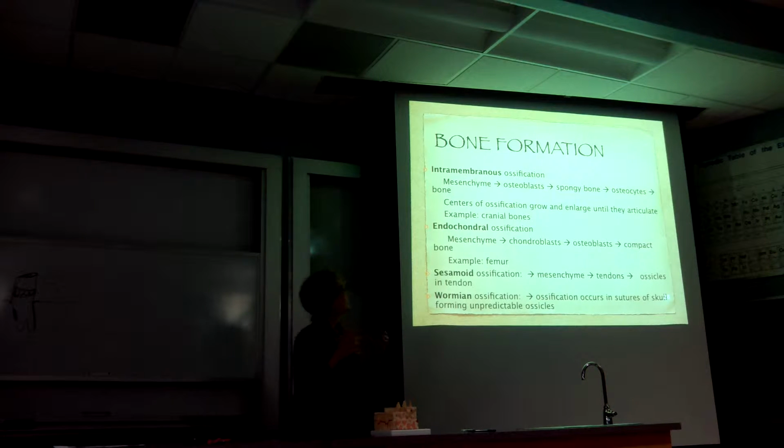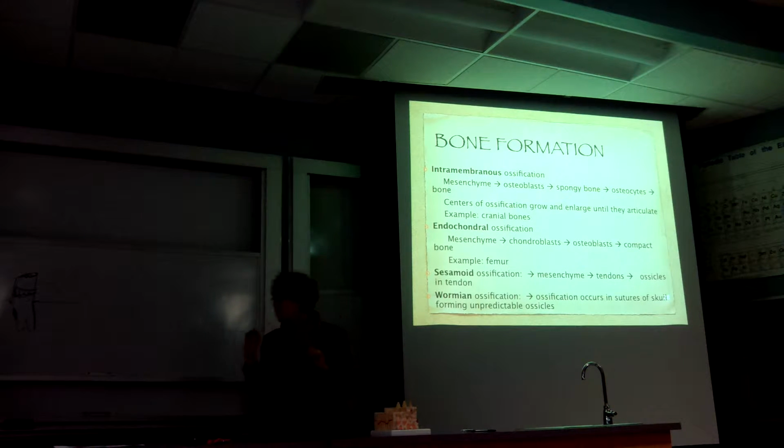I'm going to show you pictures of it in detail, but basically it's this membrane. Think of the membrane that you can see in the anterior fontanelles. That membrane, as it developed, covered the whole skull, and then these ossification centers began, and then it spread out.